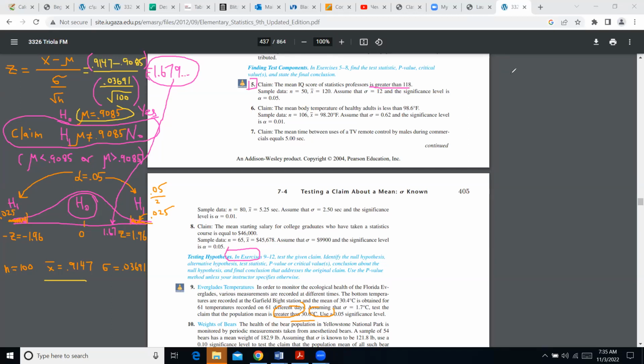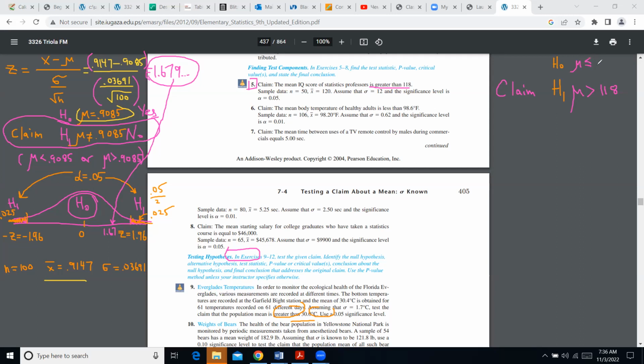Someone is claiming that the mean is greater than 118. They can claim anything. So here's the claim. Is this going to be H1 or H0? The answer is it is H1, because H0, its opposite, must have an equal sign. So if there is no equal sign, automatically their claim is an H1.